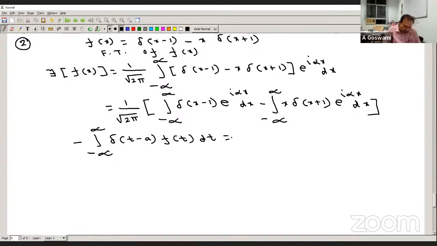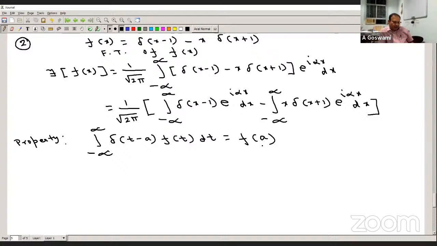This is the property: the integral from minus infinity to infinity of delta t minus a f t dt equals f a. If you remember this particular property of Dirac delta function, then very easily you can evaluate the integral.